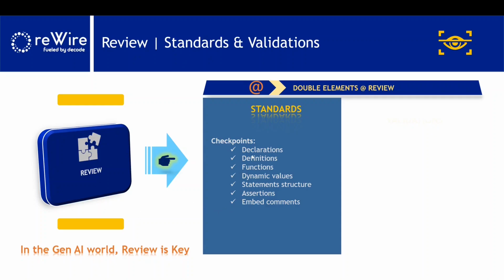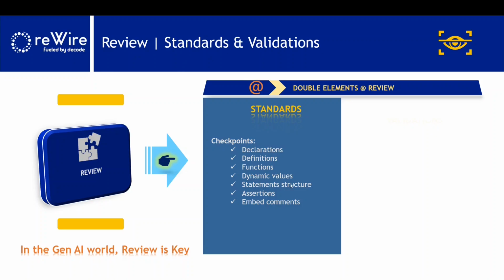One is the declaration of any variables, if created, and the definitions, that means object definitions or function definitions, and whether the function structure given is proper or not. And the dynamic values, which should not be static. So you need to apply some methods and make that particular value dynamic.